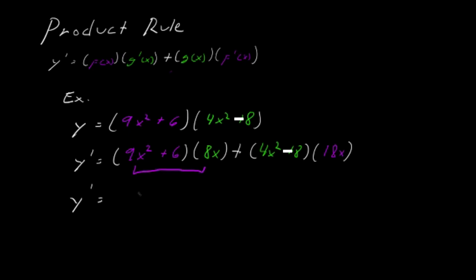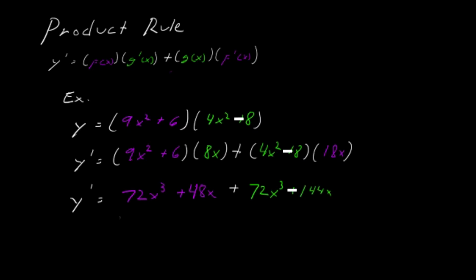It will become 9x squared times 8x is equal to 72x cubed plus 6 times 8x would be 48x plus 4x squared times 18x will be 72x cubed. 8 times 18x is equal to minus 144x.